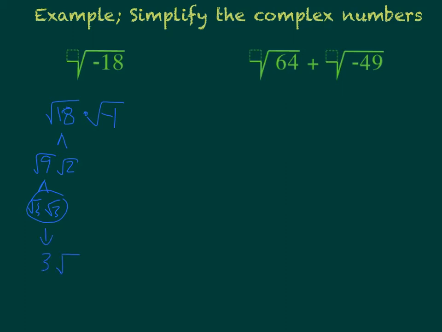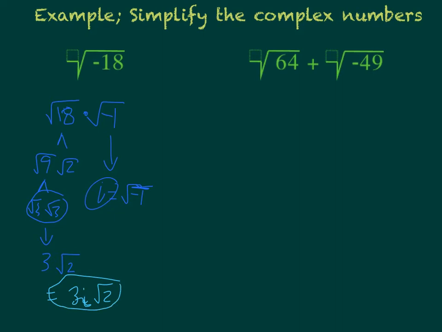So we can simplify the square root of 18 to 3 square root of 2, and then don't forget that i equals the square root of negative 1. So instead of writing the square root of negative 1, I'm just going to write i. So my final answer simplifies to 3i times the square root of 2. Now generally we don't write anything after a square root, so that's why we move the i before that.